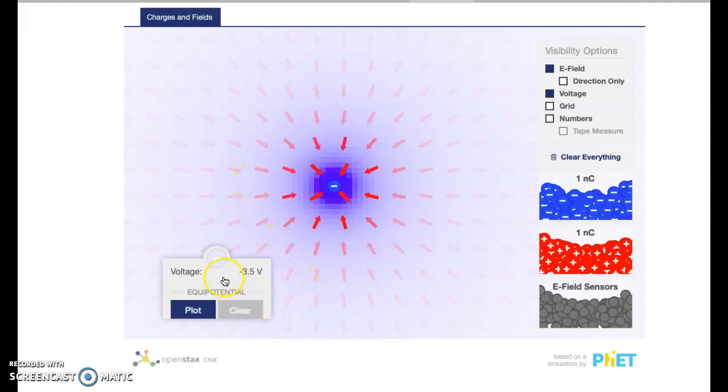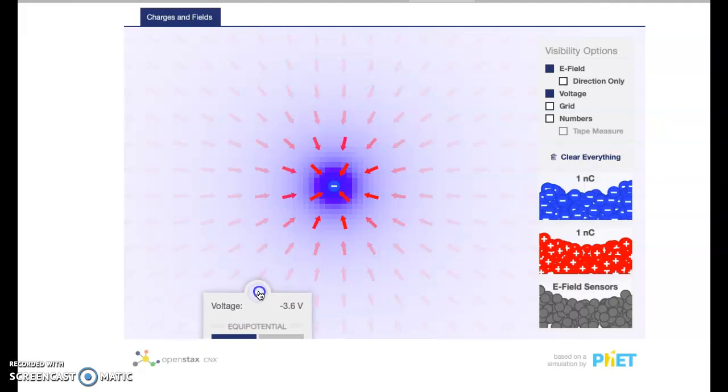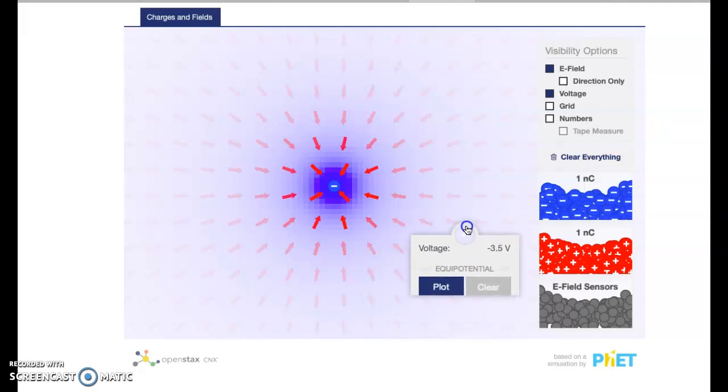But it does show voltage, and if I go around here, keeping the voltage the same, negative 3.5, okay, right here, right? If I can keep it the same, I'm going to go in a circle around this thing. And that's because that's an equipotential line, the same voltage everywhere, right?